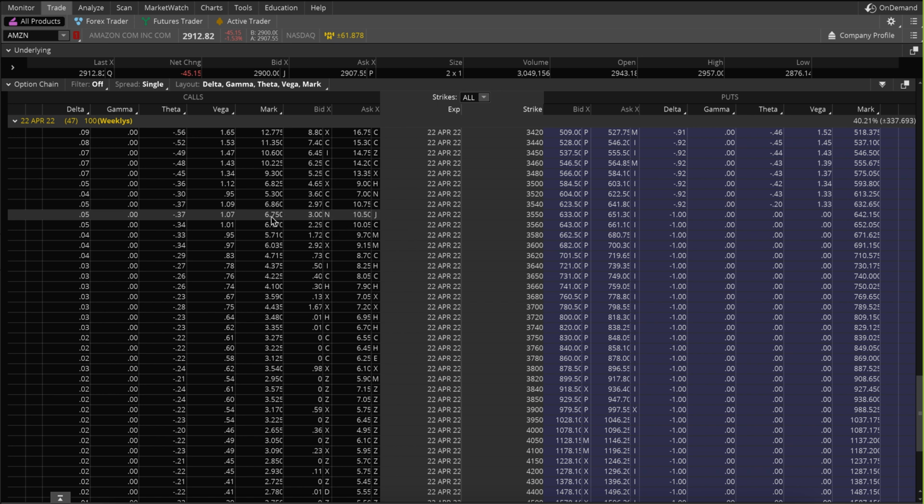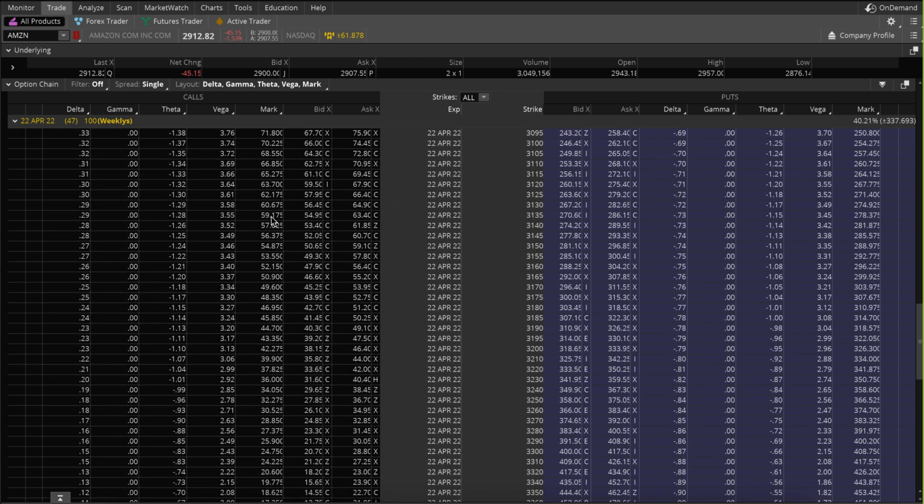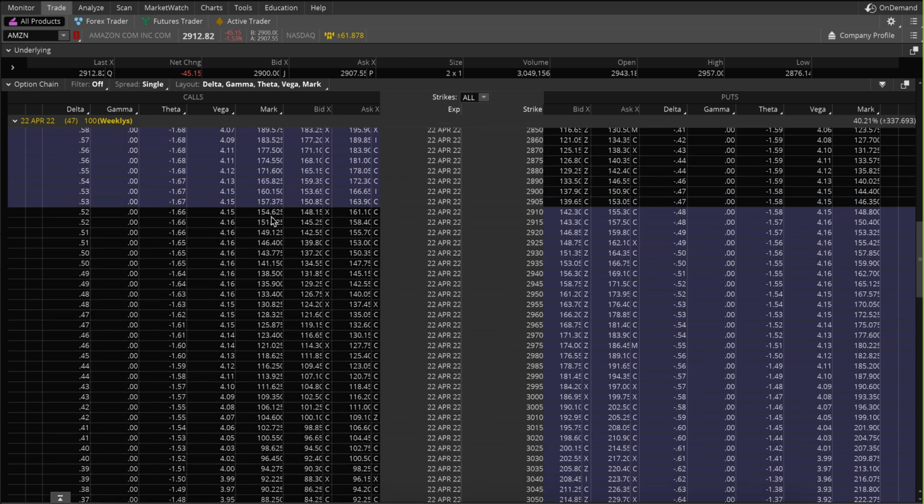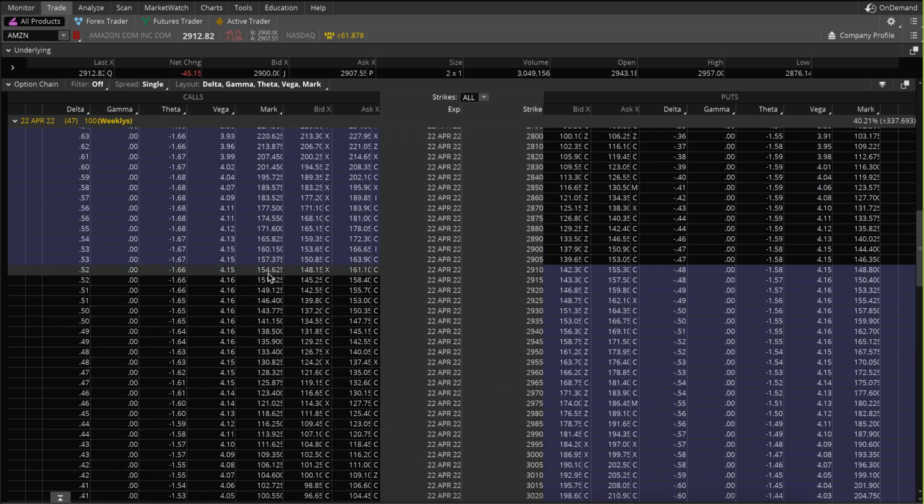So as you see, although these options are relatively expensive, they're not as expensive as they would be at the money. Because if we're buying an Amazon call at the money that expires on the 22nd of April, oh wow, it's going to cost about 15 grand.